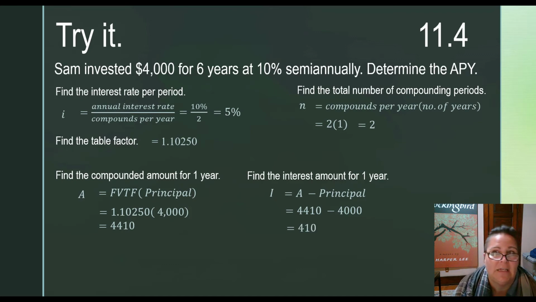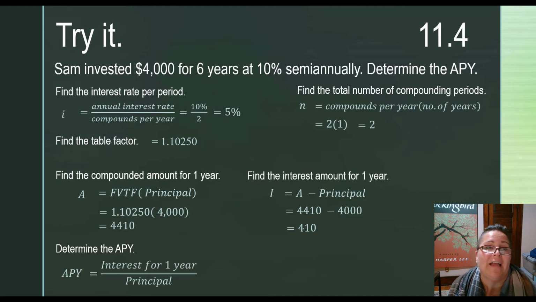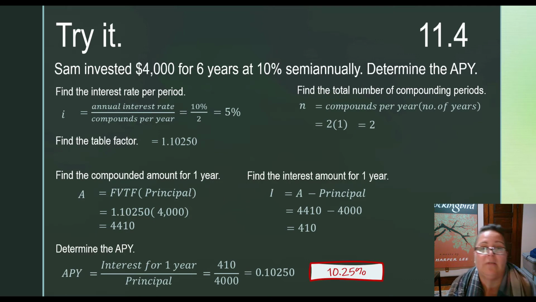Now I finally can do the APY because I can take the interest for that single year, the $410, and divide it by the $4,000 that was the principal. So $410 divided by 4,000 gets me 0.10250, or 10.25%.